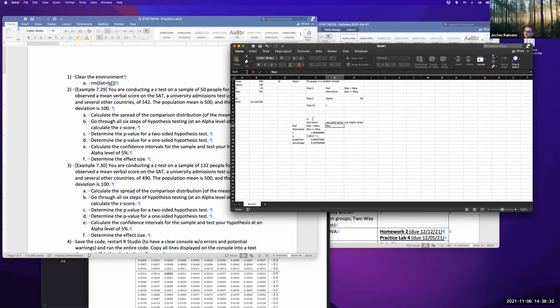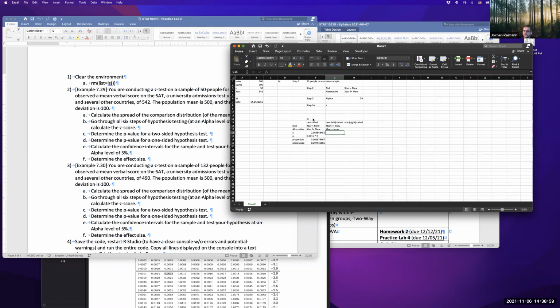If we're saying it's left-tailed, that would be an X bar that is smaller than mu, right? That would be the alternative hypothesis. So X bar greater or equal than mu, that would be the null hypothesis.